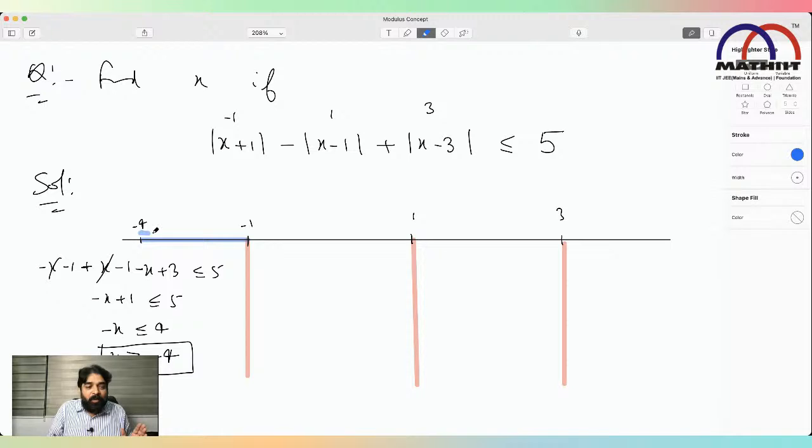So I can take only from here to here. Greater than -4 means my boundary is here, and I cannot go beyond this. So I have to cut the answer. The answer will be x, of course, greater than or equal to -4, but I cannot cross -1, so I will add -1 from my side.